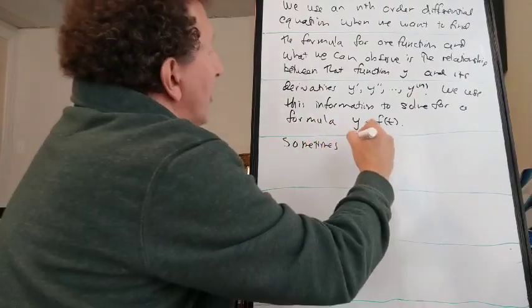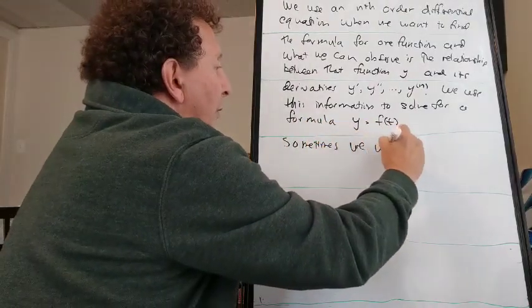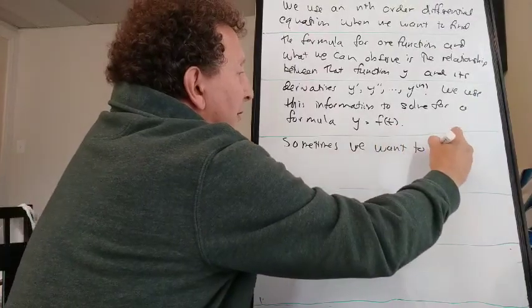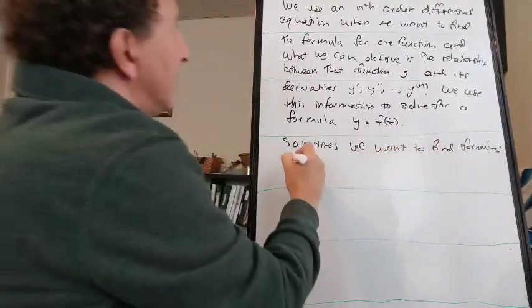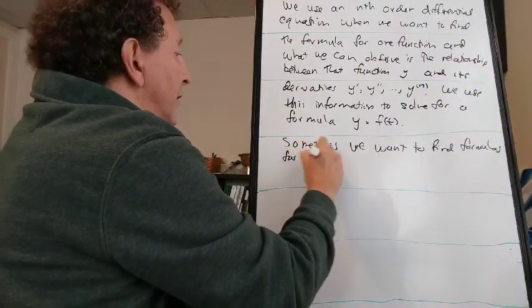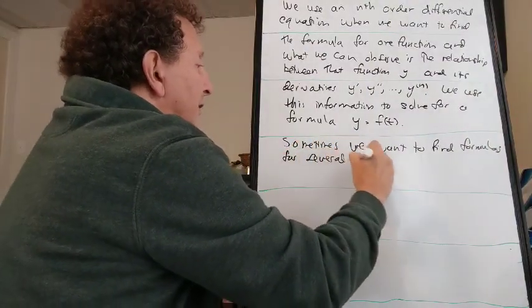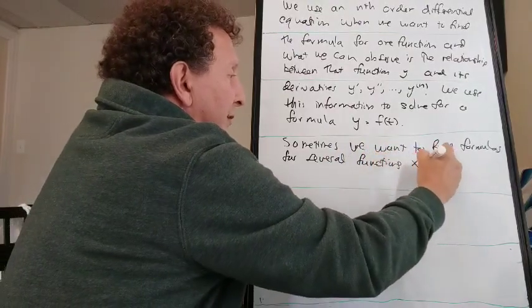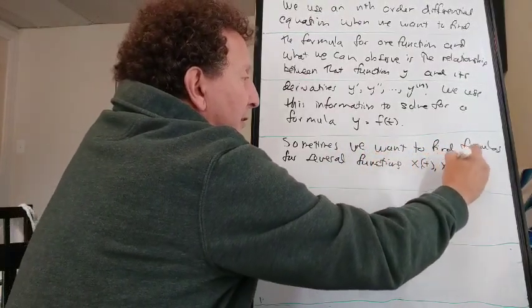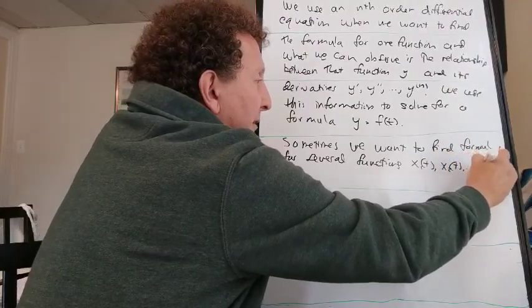But sometimes we want to find formulas for several functions. Let's say x1 of t, x2 of t, up to xn of t.